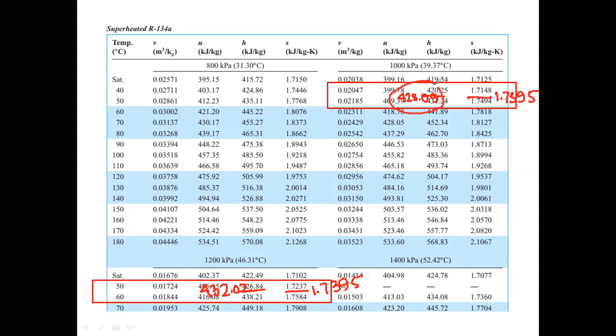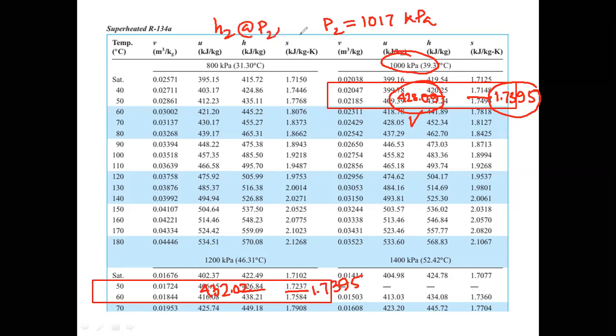Now what we have to see is this enthalpy value is corresponding to this entropy value and this pressure value, but in our problem the pressure value P2 is how much? 1017 kilopascal. So we have to therefore determine the enthalpy value, that is H2 at P2 and S2.